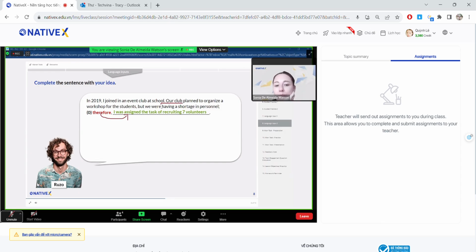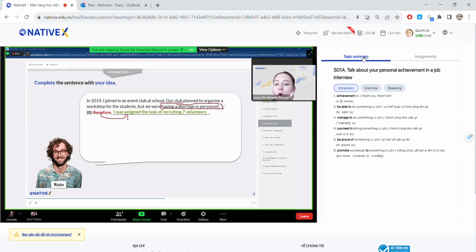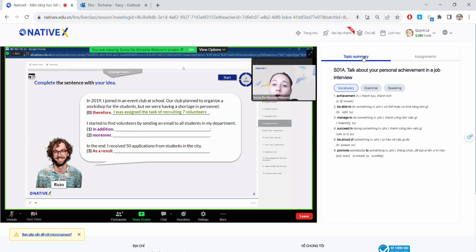Well, the problem is there was a shortage in personnel. What happened because of this? This is the result of this. Because of this, the result is I had a task of recruiting, or trying to get more volunteers, more employees. Okay, here we've got the next part of what Ruzo talks about, the third paragraph.